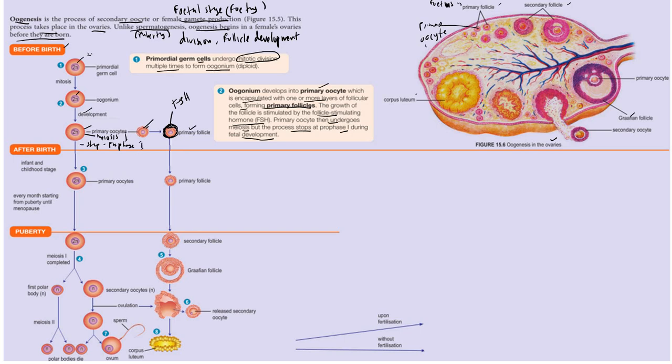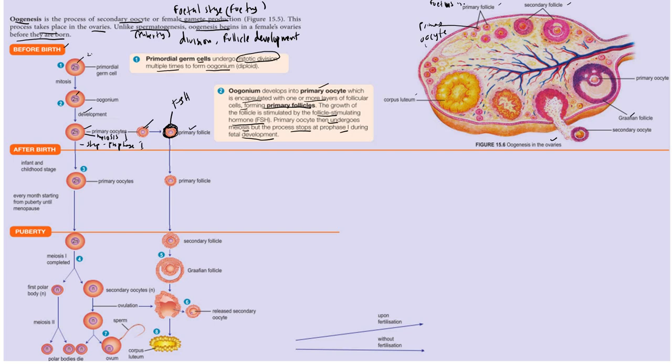During the ovary of the fetus, it will have this primary oocyte that undergoes meiosis 1 but stops at prophase 1, meaning meiosis 1 is still not complete. During the 9 months in the womb, the primary oocyte is still in prophase 1.